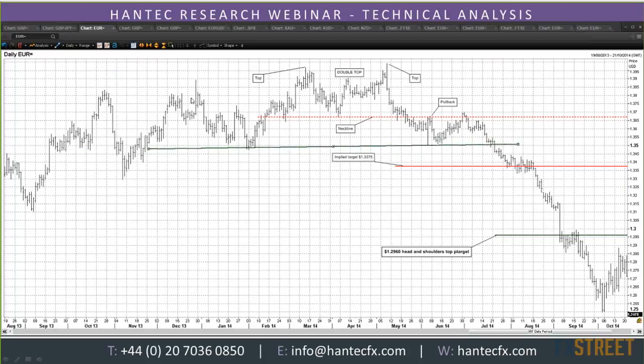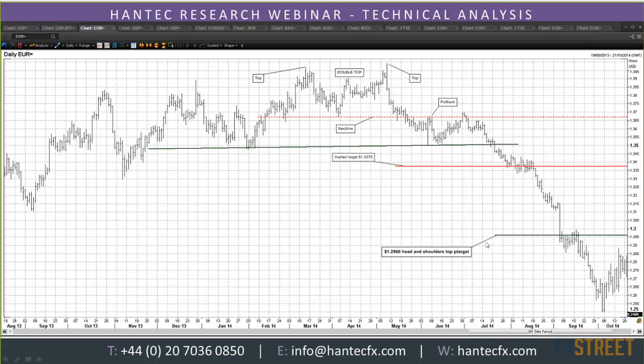So your red line is the downside target from your double top. Then you've got a consolidation around that target, which is interesting. And then suddenly you start to go again, and you sharply move down towards the implied target of the big head and shoulders top. So a couple of patterns in one on that Eurodollar chart this year that you could have played.